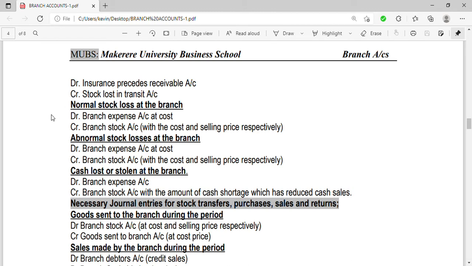Then in case of normal stock loss at the branch, we debit the branch expense account at cost, because the expense is increasing.